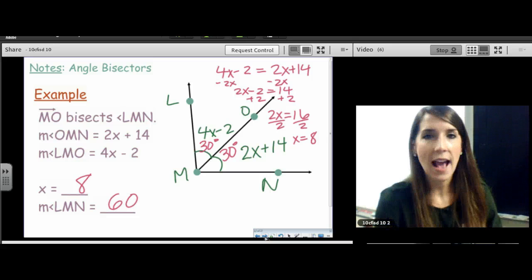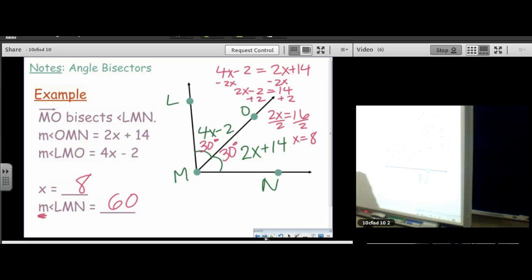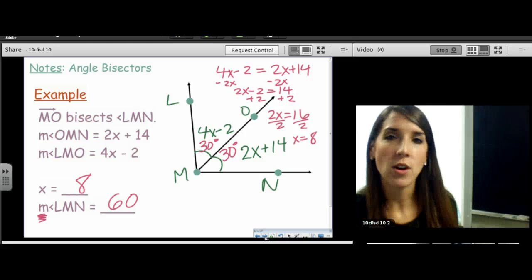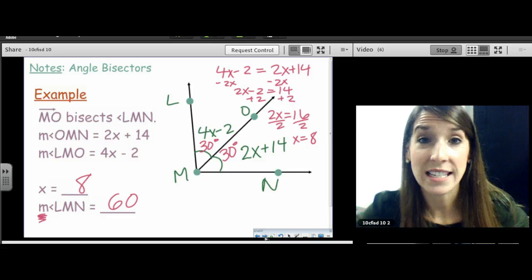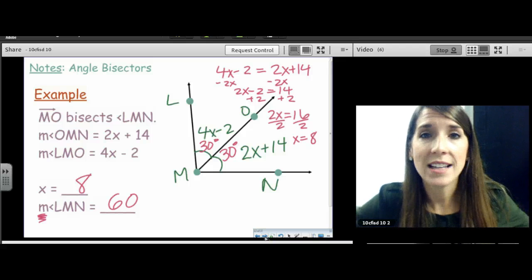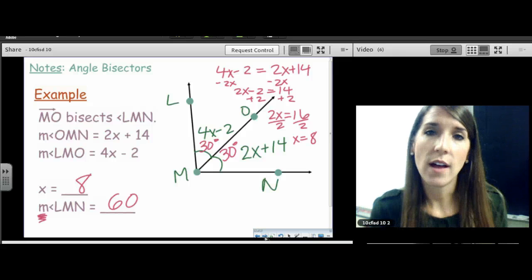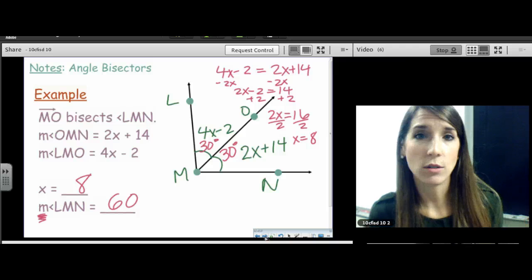Let me say something that I haven't said yet. When you see this M here, that means the measure of angle LMN. You actually are not supposed to put a degree symbol on your answer, because when it asks for the measure of an angle, that implies that you're already finding the degree of an angle.